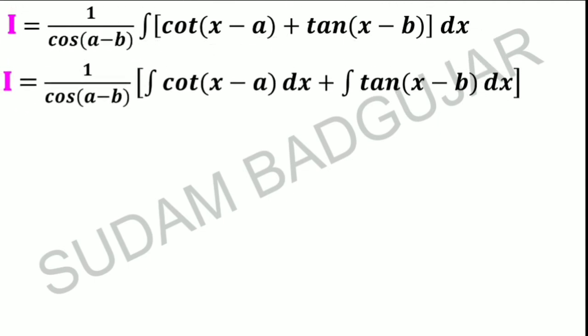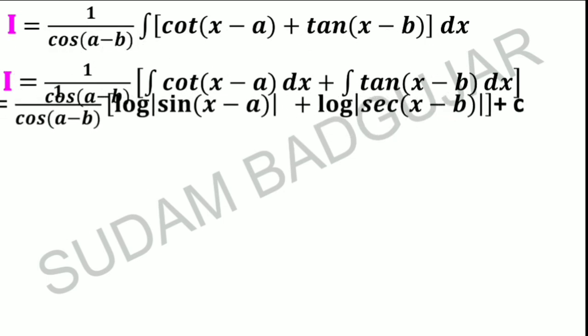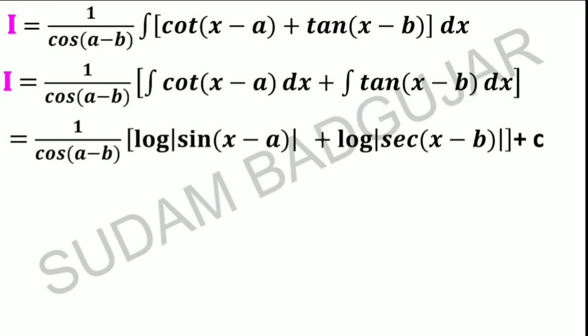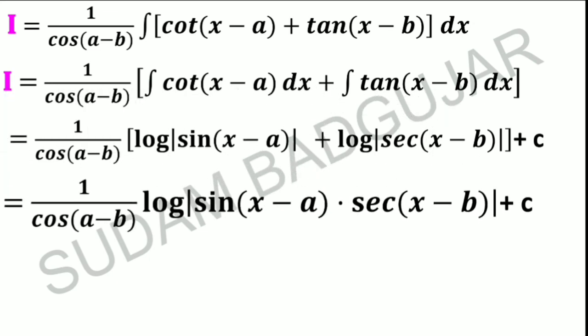Then taking separate integration, you will get 1 upon cos of (a minus b) into bracket log of sine of (x minus a) plus log of sec of (x minus b). What is integration of tan? It is log sec. Okay, and log m plus log n is a multiplication, that is 1 upon cos of (a minus b) into log of sine of (x minus a) into sec of (x minus b) plus c.